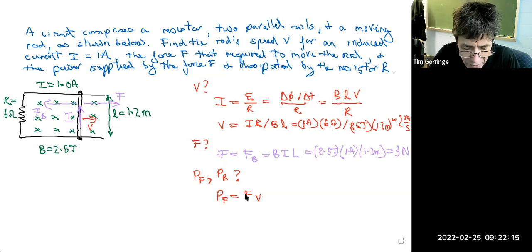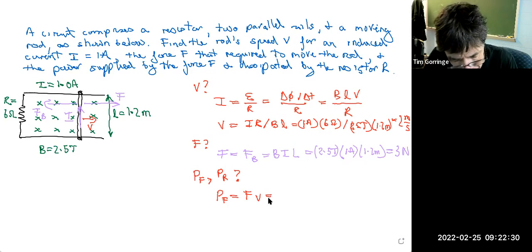So this is an equation for power supplied. It's a little like the energy is force times distance, the power is force times speed, because power is the rate of transfer of energy. Anyway, we know the force. It was 3 newtons. We just calculated it.